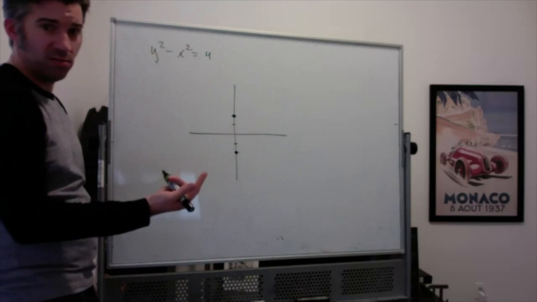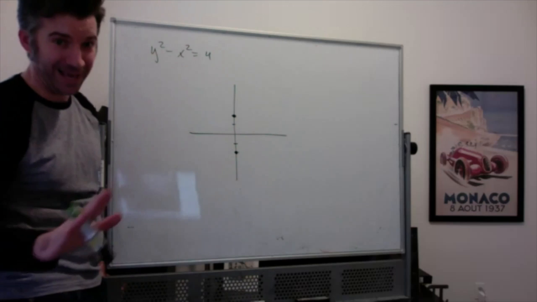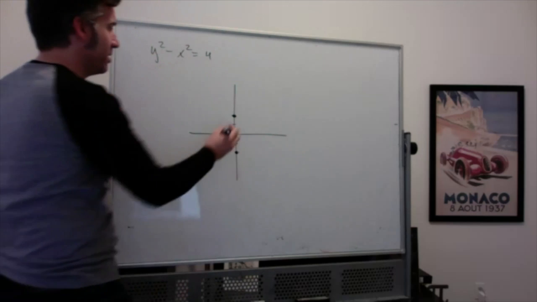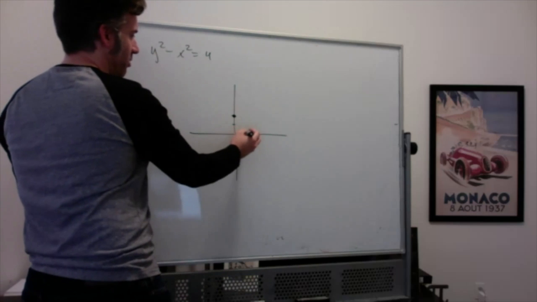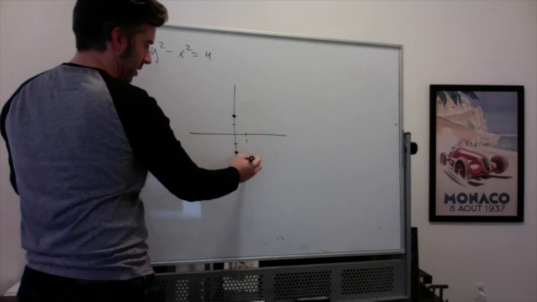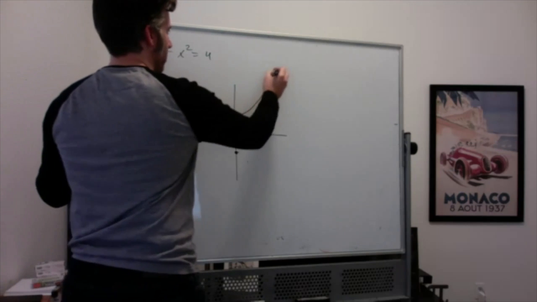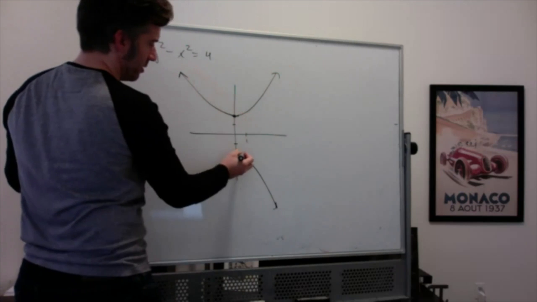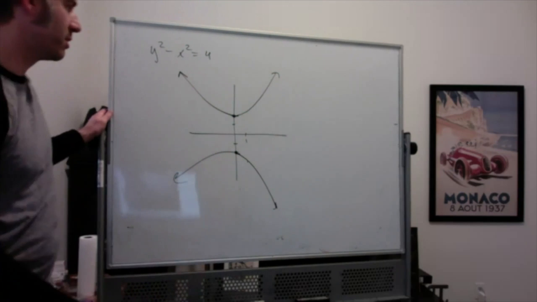x can't be 0, right? I mean, y can't be 0. If y was 0, you get negative x squared is 4, which isn't going to happen. This looks like this. As x gets larger, right? If x is 1, we just found that y was root 5 and negative root 5. So it kind of does this deal, and then does the same thing to the left. Kind of looks like that.